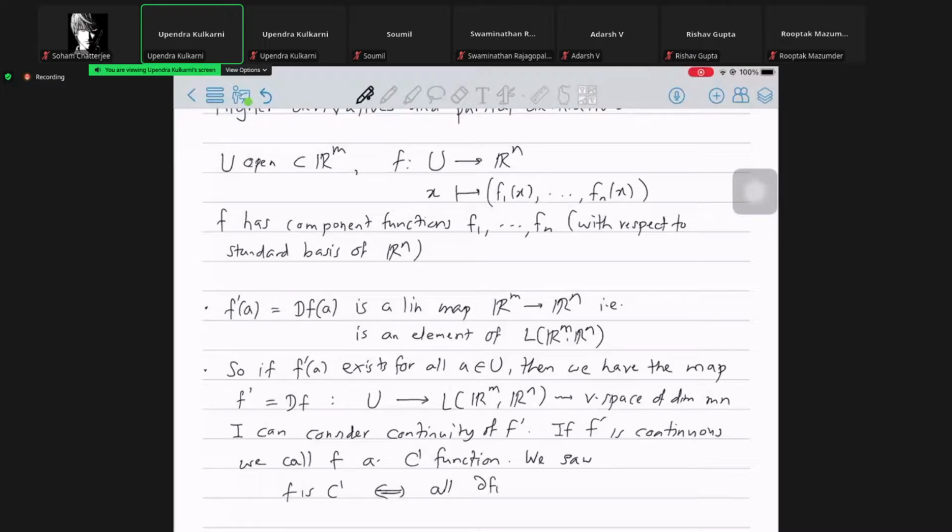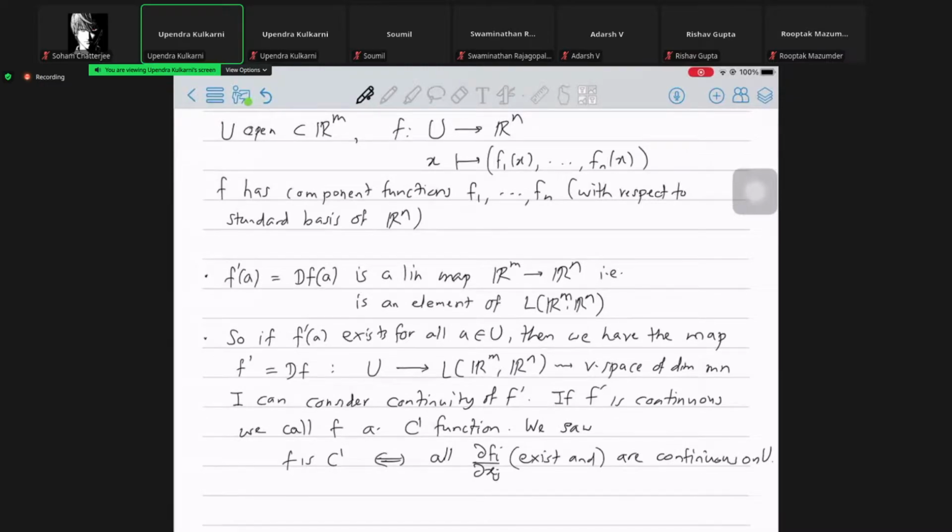All del fi by del xj exist and are continuous on U. By the way, each del fi by del xj is what kind of function? From where to where? From U to R, correct? So all of these are continuous functions on U.